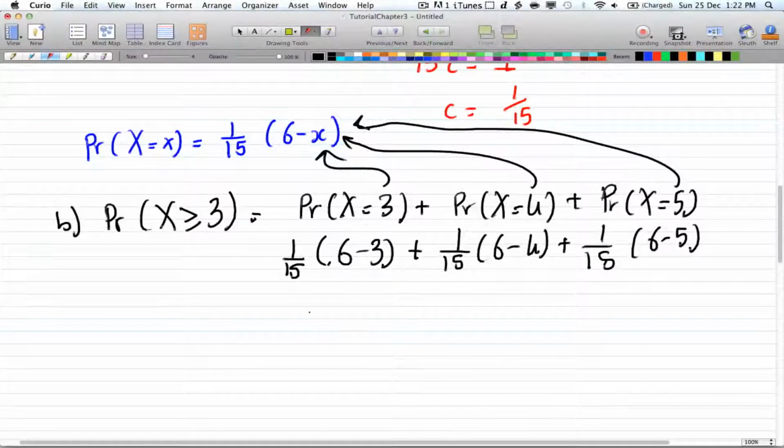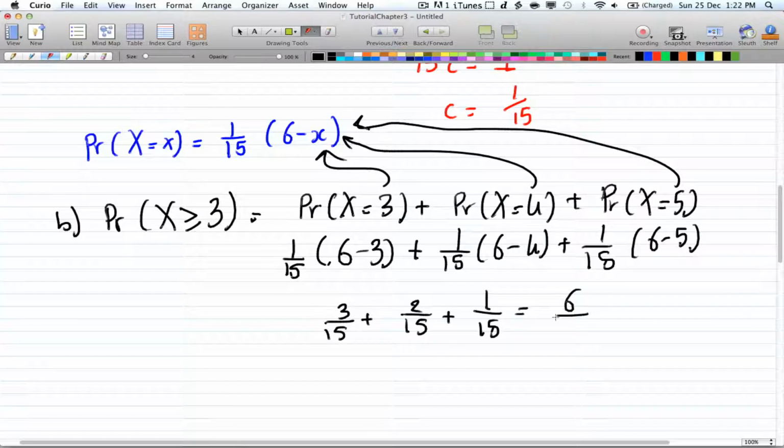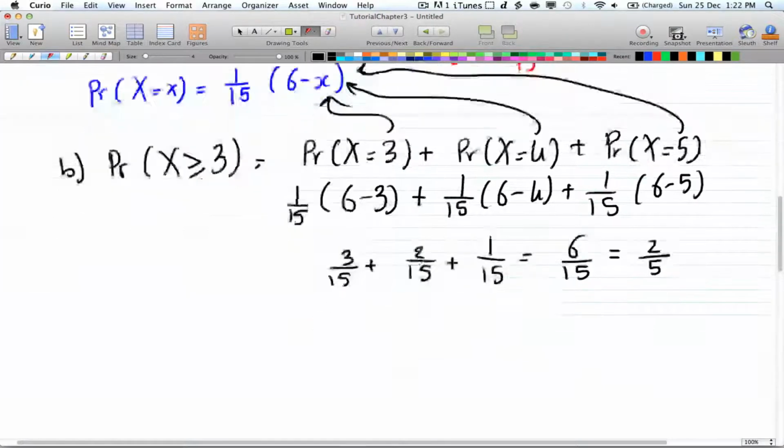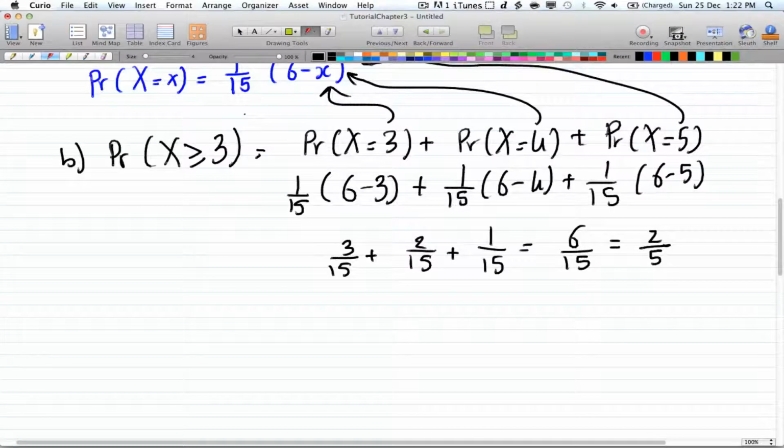And that will give you, let's see, 3 over 15 plus 2 over 15 plus 1 over 15, and that is 6 over 15. Then you can just simplify this down to 3 over 5. Actually 2 over 5. So 2 over 5. Alright, and that's the probability that x is greater than or equal to 3.